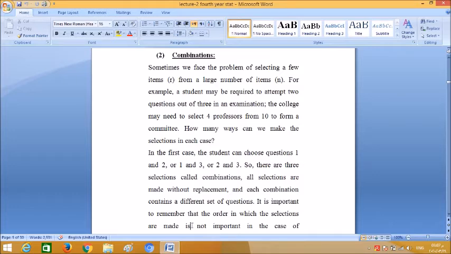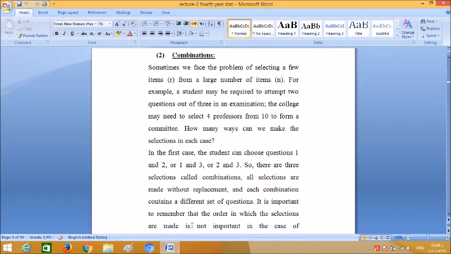Okay? But combination deals with the group itself. Okay? So when we say Ali and Ahmed and Muhammad, it's one group. Okay?